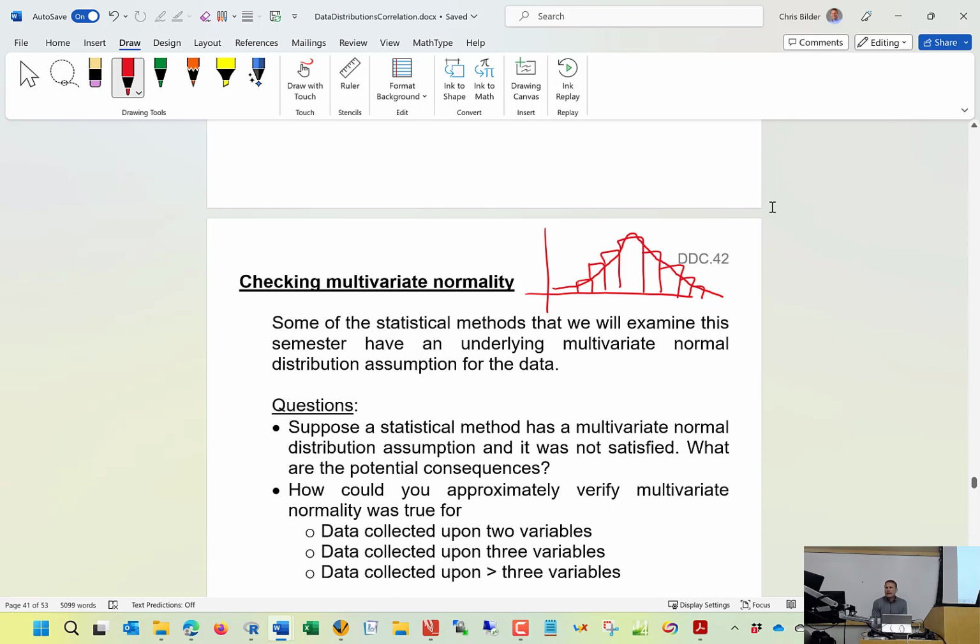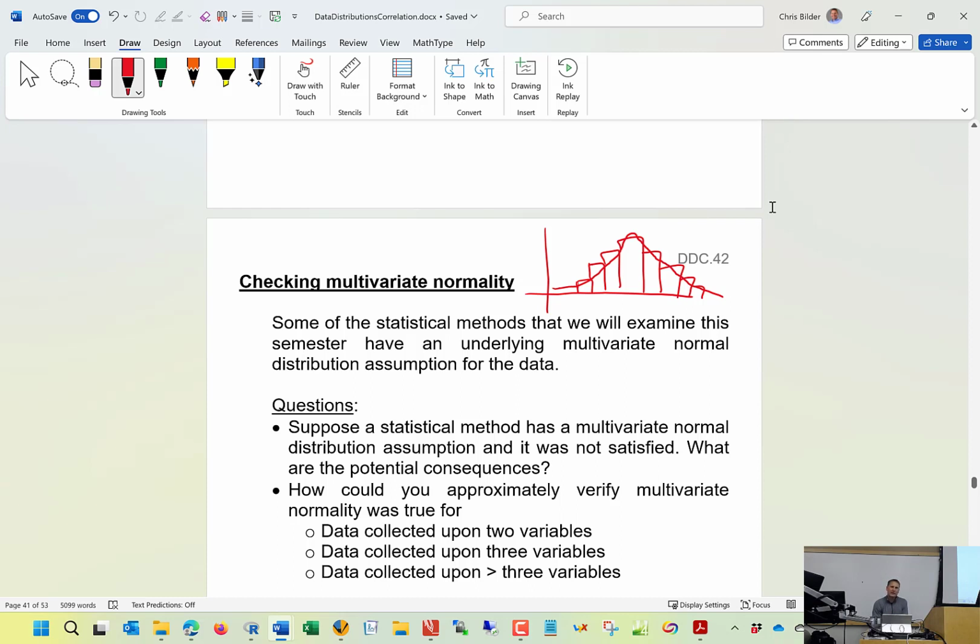Could you maybe do a 3-dimensional histogram? Yeah, why not? Imagine bars coming up from the bottom of the plot, and you would hope those bars follow the same 3-dimensional surface that we saw before.